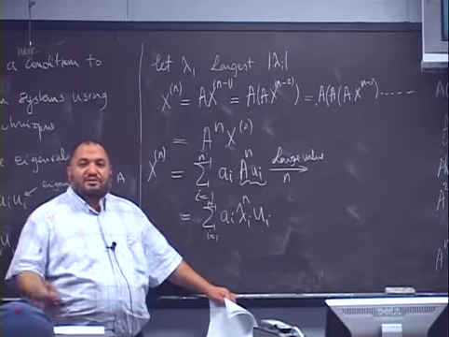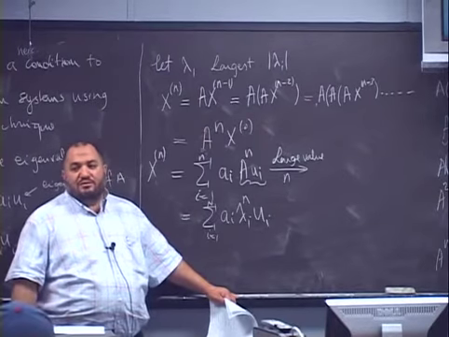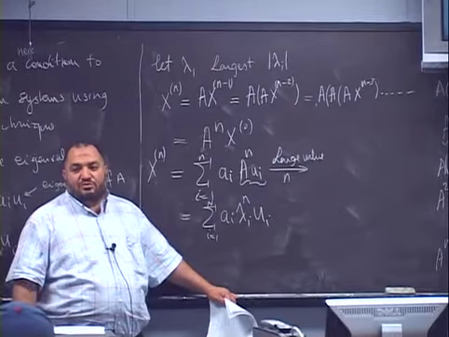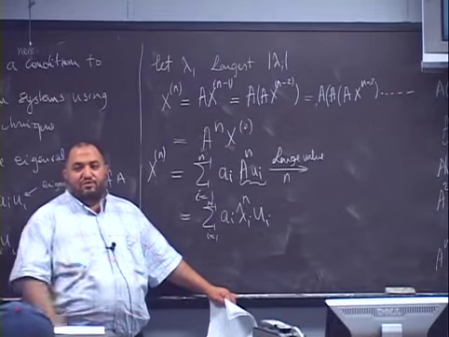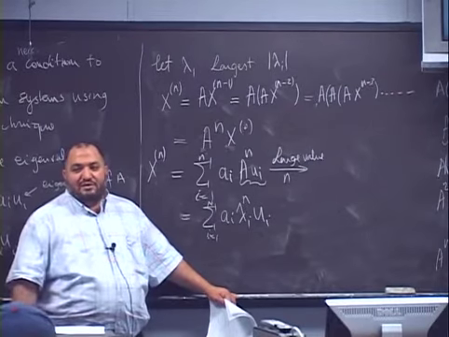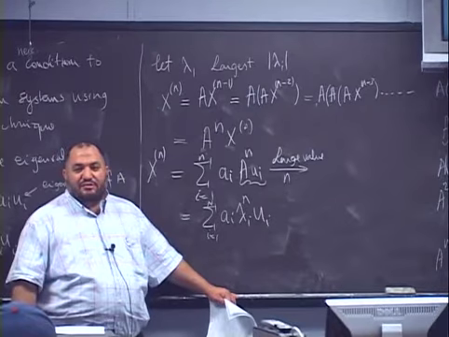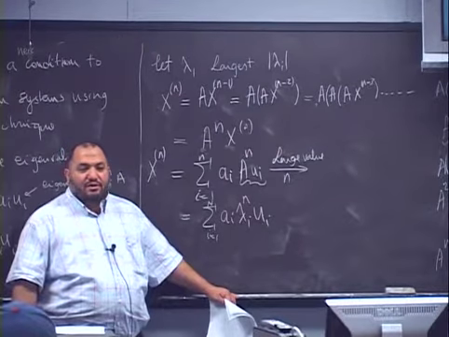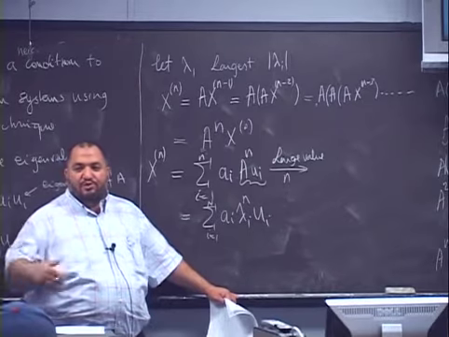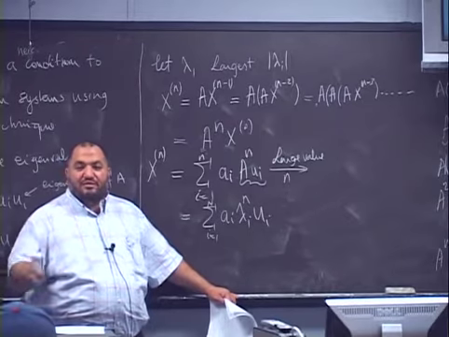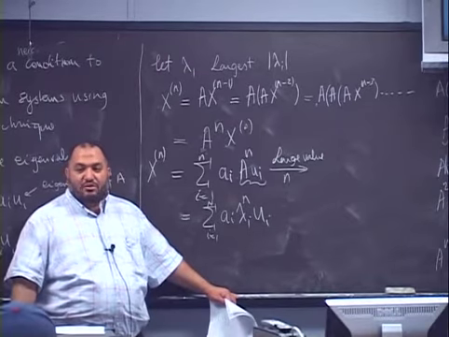Because if lambda, the largest one, is 0.9, then lambda squared is 0.81. But if you have a lambda equal to 0.3, what's lambda squared? 0.09. So you have 0.81 and 0.09. Then make it lambda cubed, and so on.